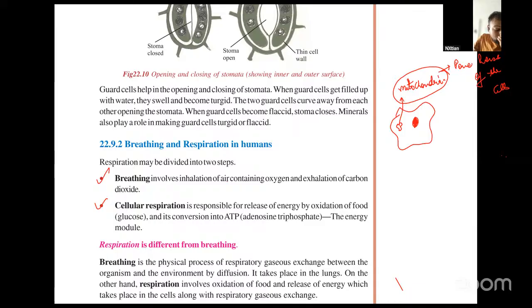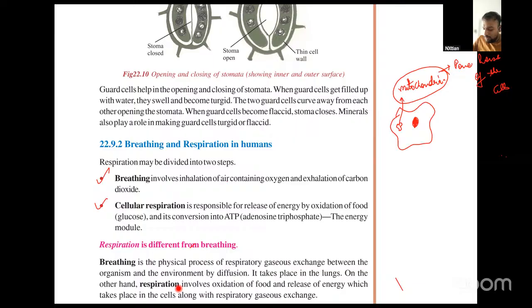It's called mitochondria, which makes energy. This is responsible for cellular respiration, in which the glucose, the food which we ate, in the presence of oxygen, breaks down and releases energy. Did you understand? Yes or no?